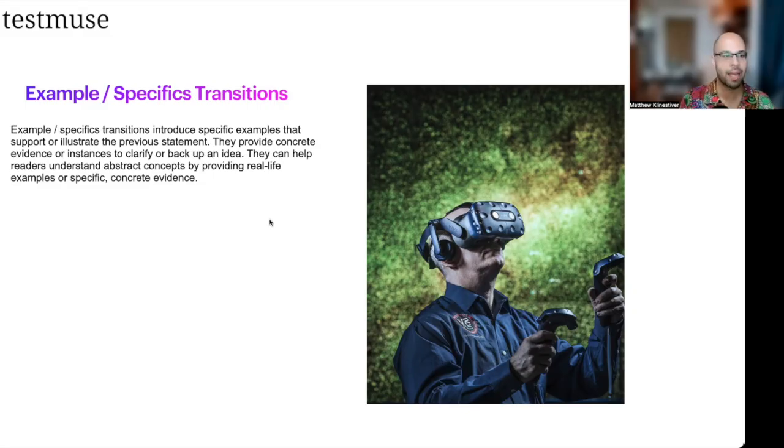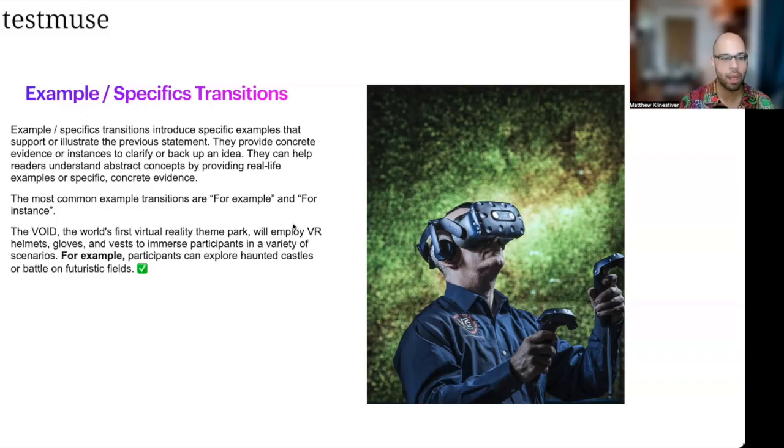So you're providing evidence that backs up an idea. These are often used to help readers understand something more deeply by providing examples, easy as that, or just specific evidence. For example and for instance are our common transitions here.